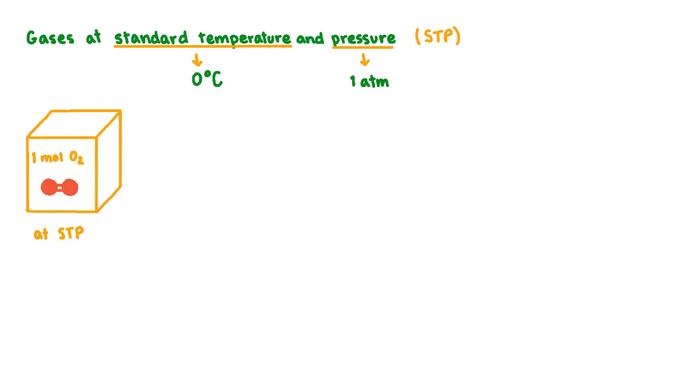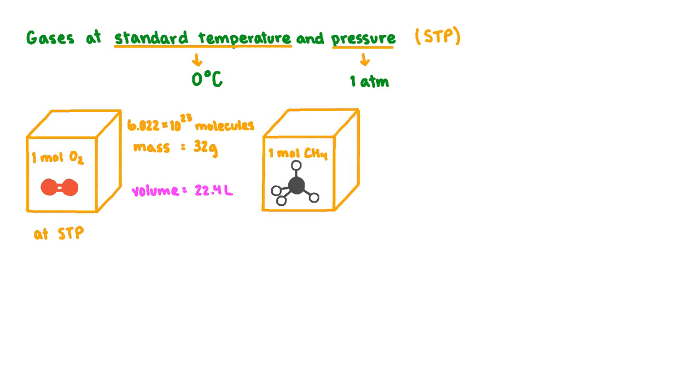Let's consider 1 mole of oxygen gas at STP. 1 mole of oxygen gas contains 6.022 times 10 to the 23rd molecules of oxygen gas and has a mass of 32 grams. At standard temperature and pressure, 1 mole of oxygen gas will have a volume of 22.4 liters.